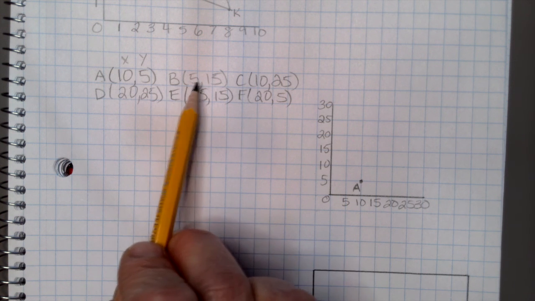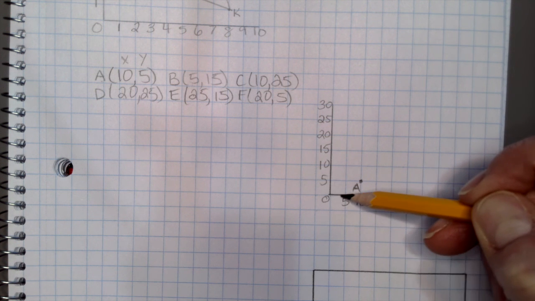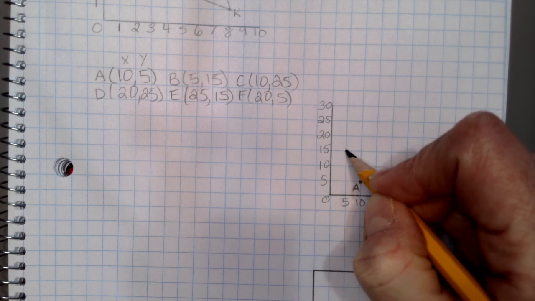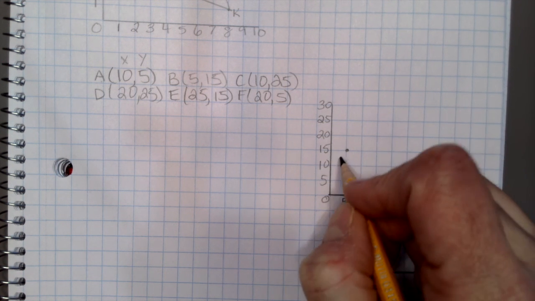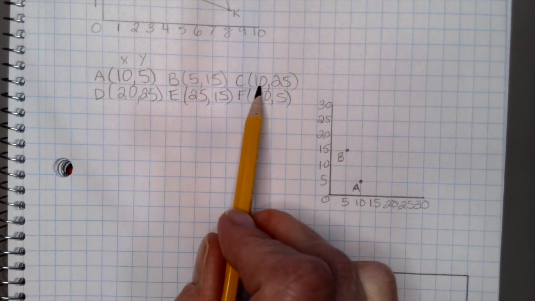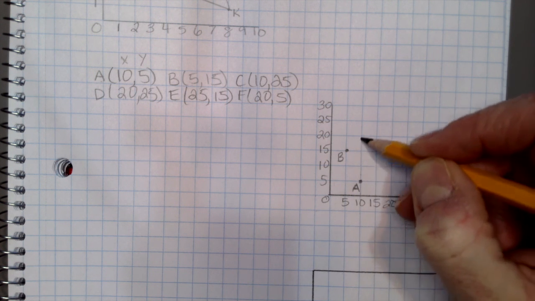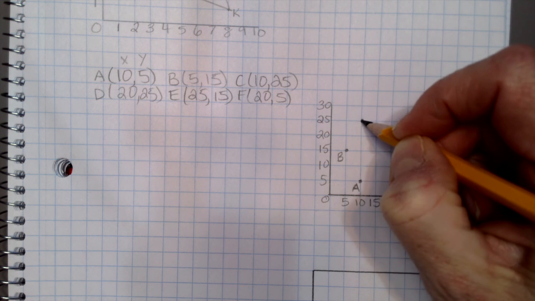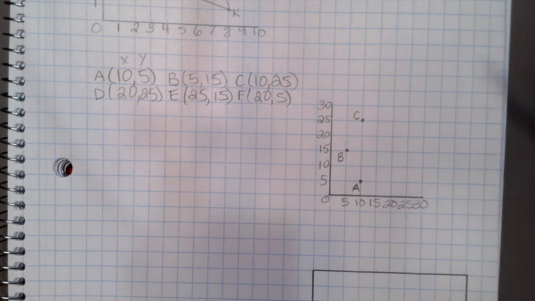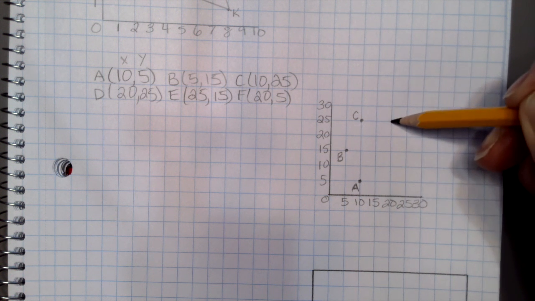Our next ordered pair, for point B, is 5 and 15. So this time we're going to go right only 5 and up 15. And we will make a nice point there and label it point B. Next, point C, the ordered pair is 10, 25. So again, we go over to 10 and this time all the way up to 25 where we make our point and we label it point C. Next, point D is at 20, all the way over to 20 and up to 25.